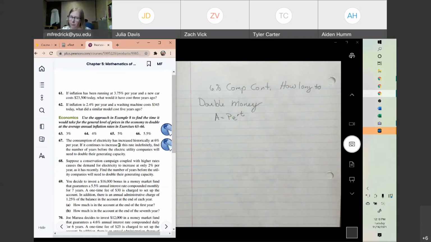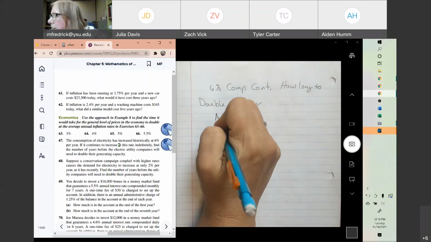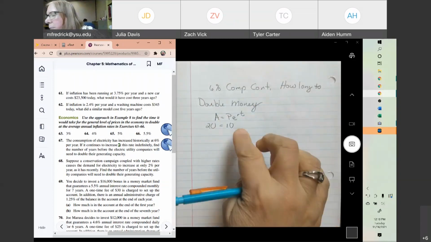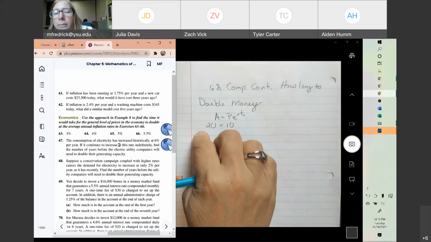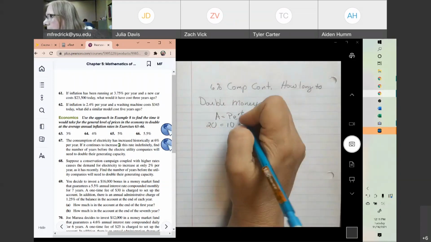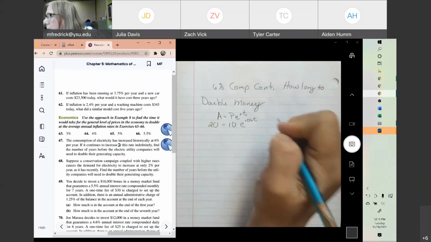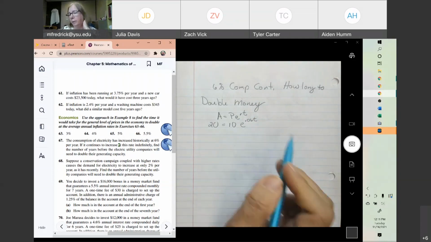Again, we're doubling, so put in a value for P and then double it. So if I put 10, this would be 20. 6% as a decimal is 0.06, and we're looking for T.